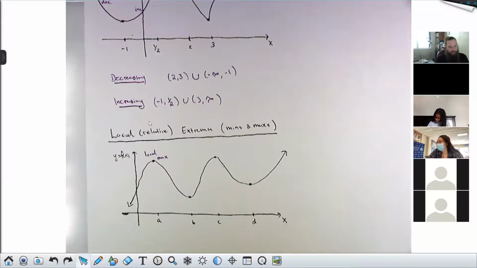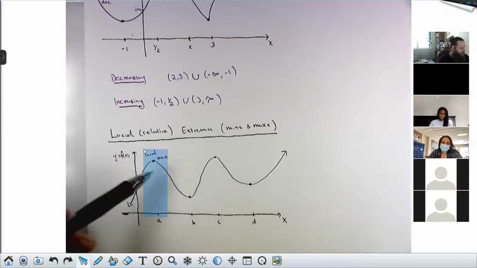The technical definition, I will show you in a second, again, has to do with open intervals. But the intuitive thing, if you think you have a local max at, say, A, is to imagine a little open interval centered at A, and then the window that creates for your graph.